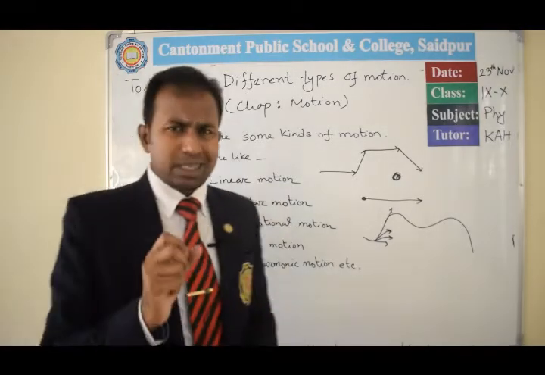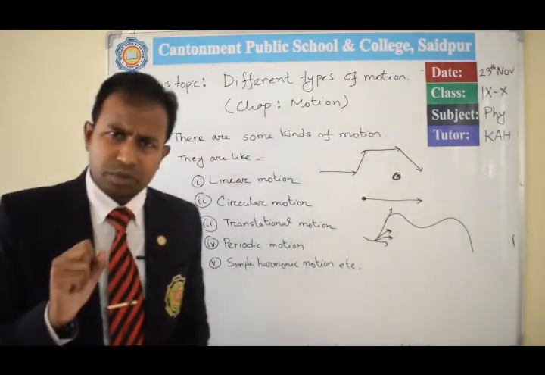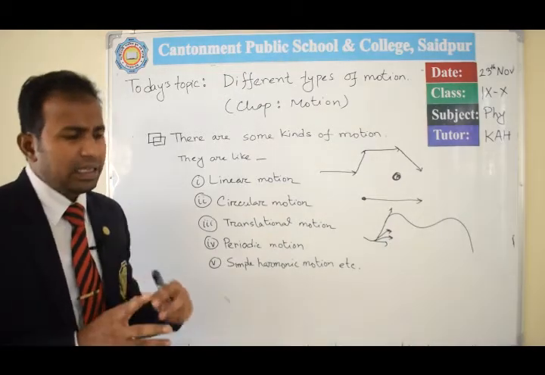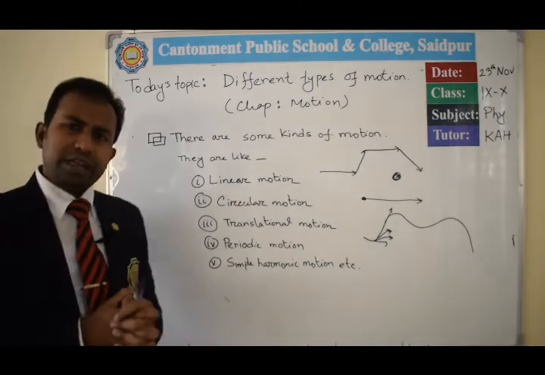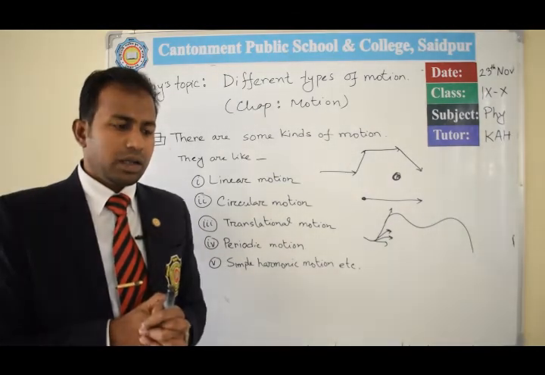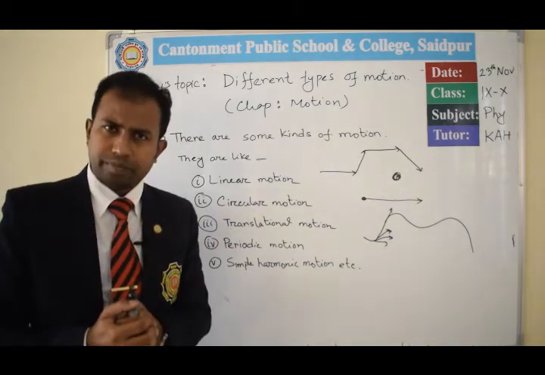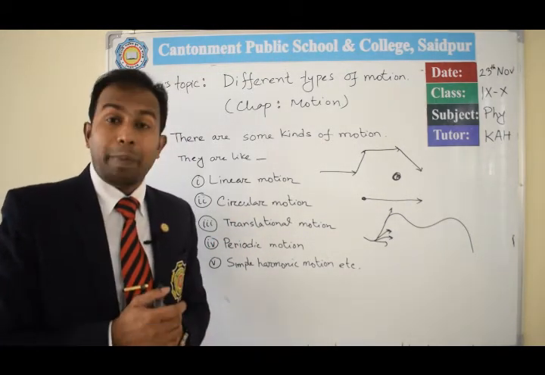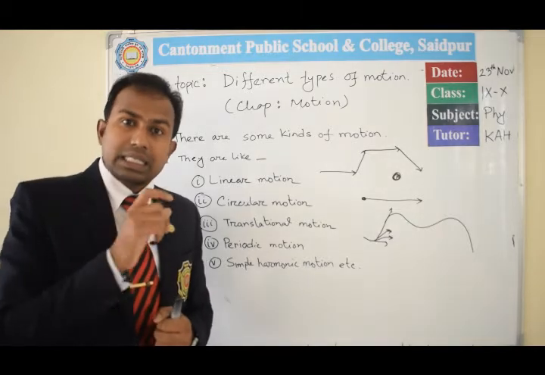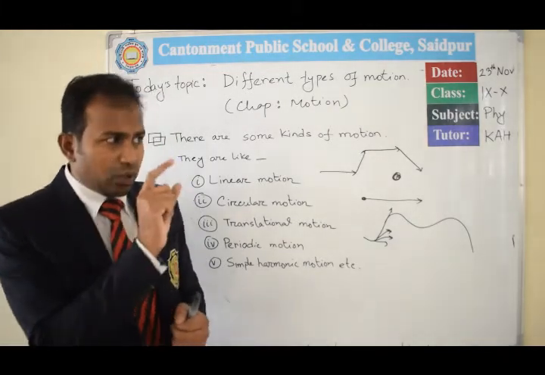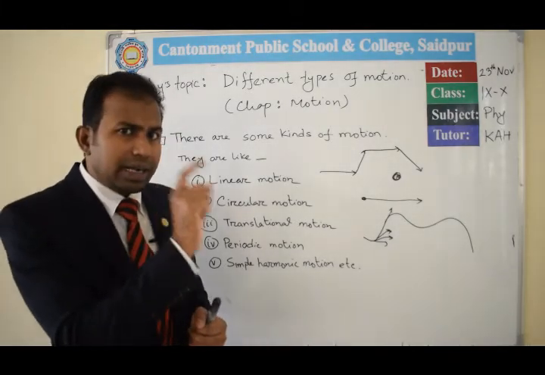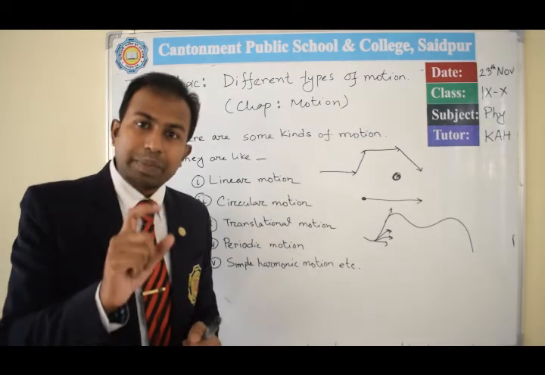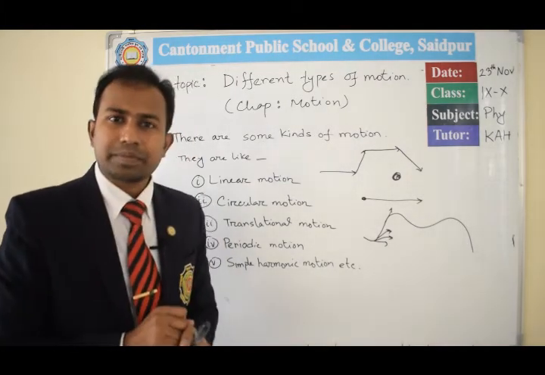Now periodic motion, it's a very simple one. Periodic motion is whenever anything is moving in a circular motion, but every single time it is crossing a certain point by maintaining a certain time.